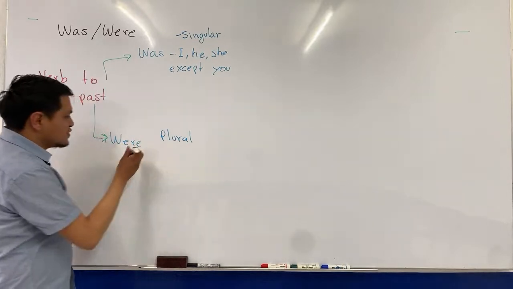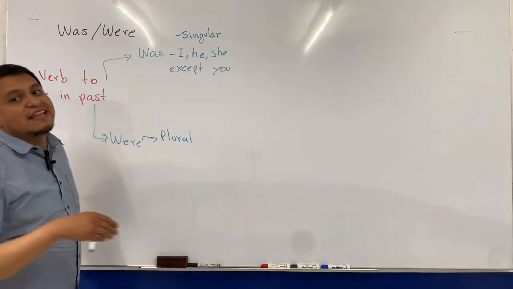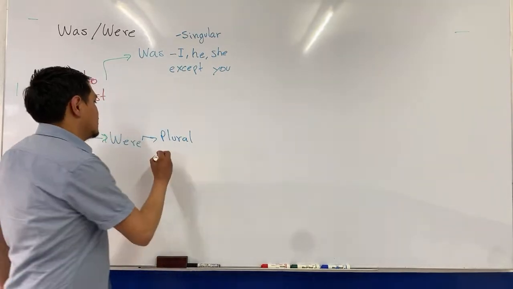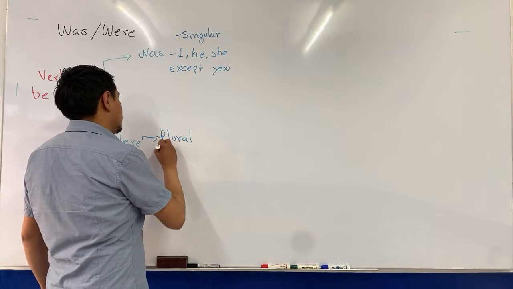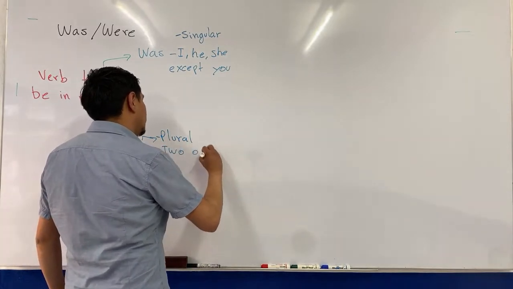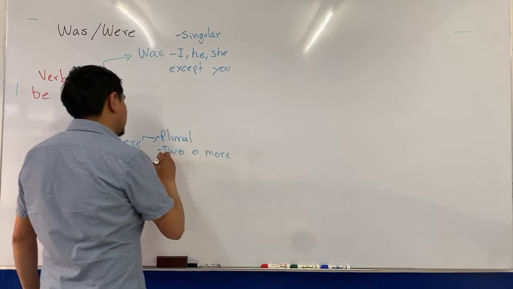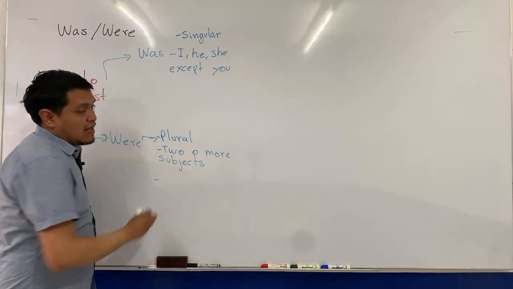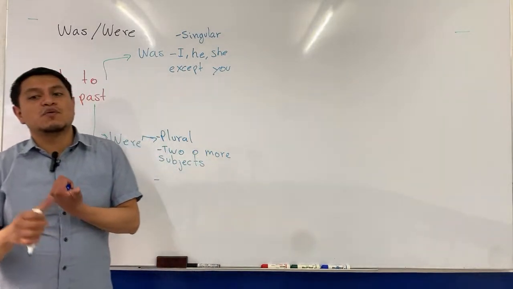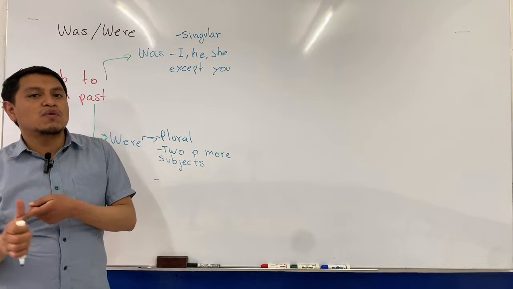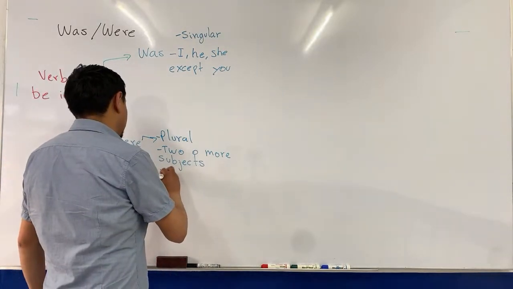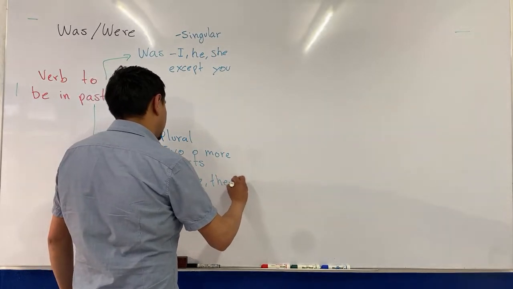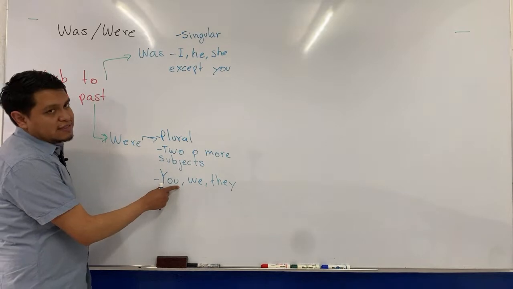So this is the first. Plural, then two or more subjects. For two or more subjects. And the last, we use with the subjects you, we, they. In both senses, right?